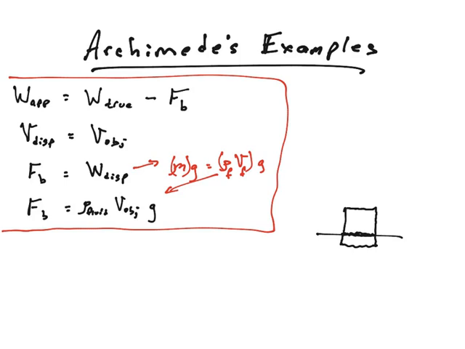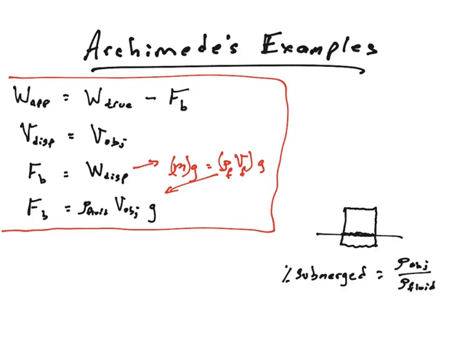Well, we could say that the percent submerged, or the fraction of the object submerged, tells you the fraction, the density of the object over the density of the fluid.